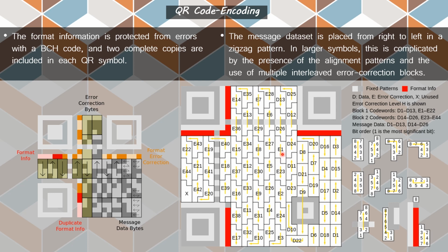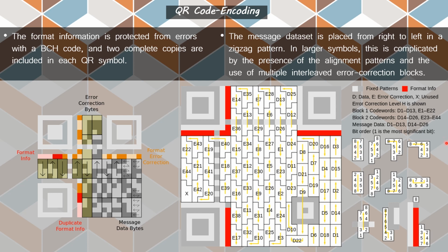And we also have error correction blocks. These error correction blocks, as already said, are used by the Reed-Solomon error correction algorithm to retrieve the data if your QR code is damaged. And these arrows indicate the order in which we have to read the data from the QR code.